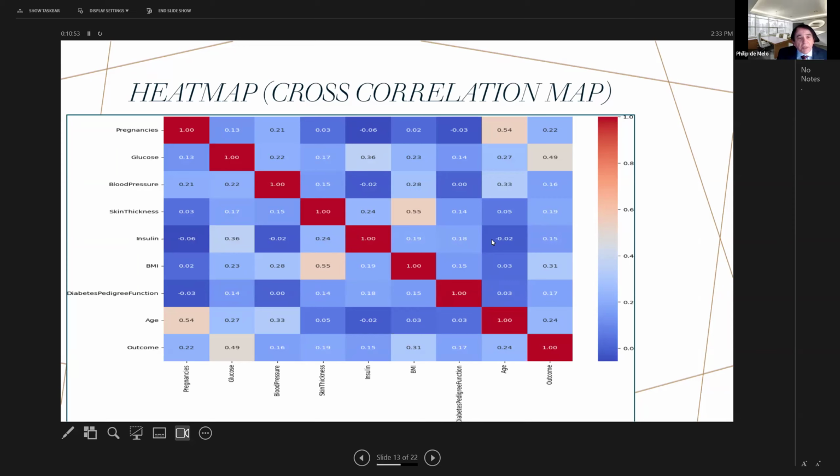And from here, you can see that, for example, glucose is almost 0.4950, so it is the highest value here. And this is also a major element in feature engineering, to see which features play the most important role in the outcome, whether a person has diabetes or doesn't have. So a heat map is a good idea.